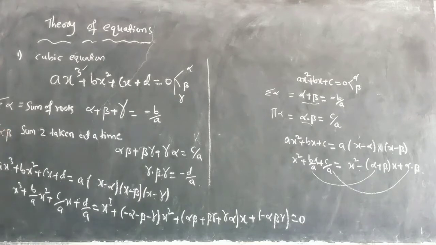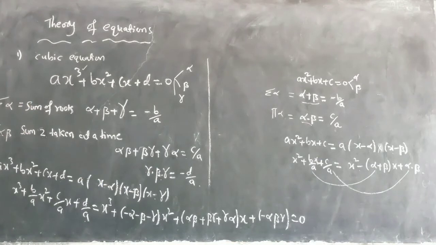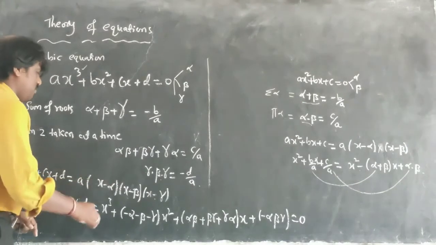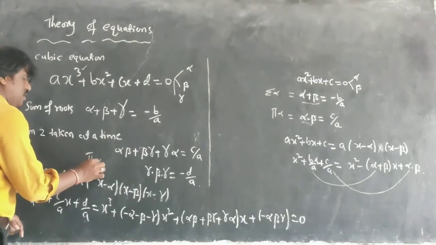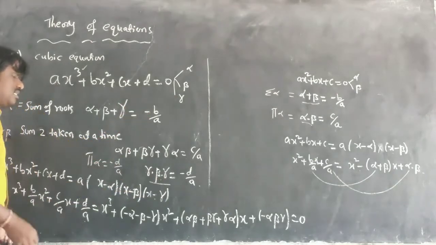So 2 roots, alpha beta, beta gamma, gamma alpha, we can write as sigma alpha beta, and I will explain this in detail in trigonometry. Then you have the product of the roots. The product of the roots we can write as pi alpha. Pi alpha is minus d by a.